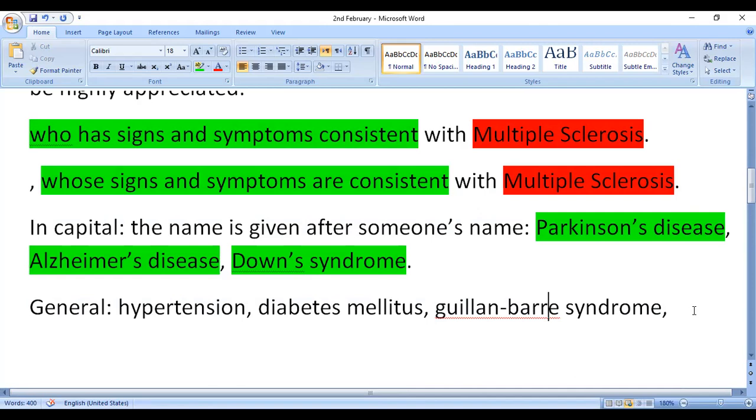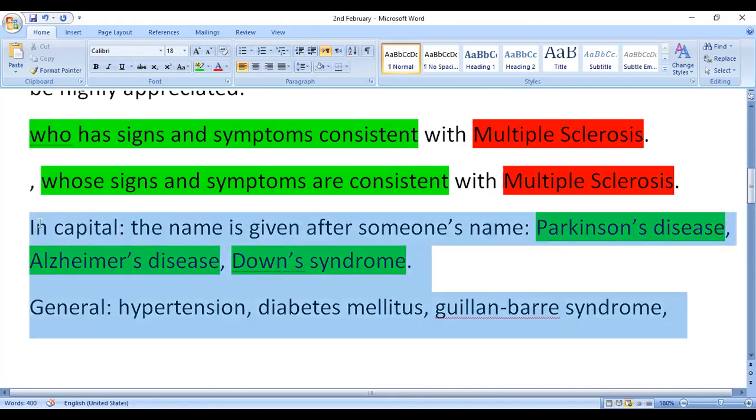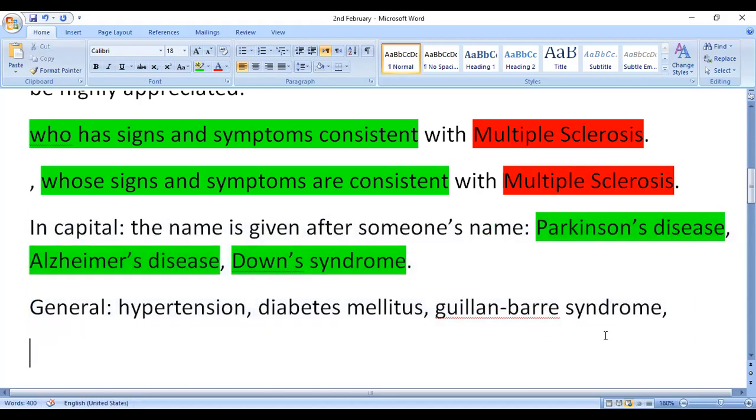Let me be a little more specific. What is the mistake in this part? I made it intentionally. Okay, nobody can point it out.